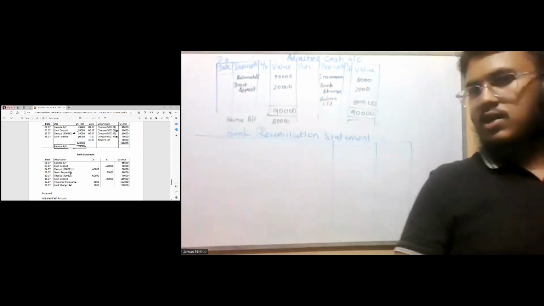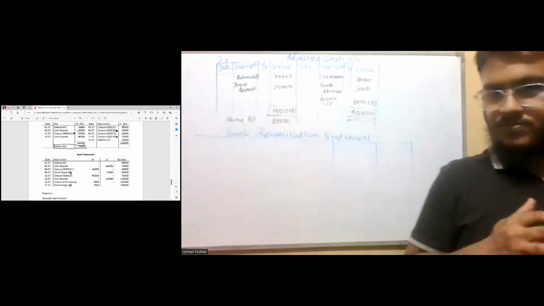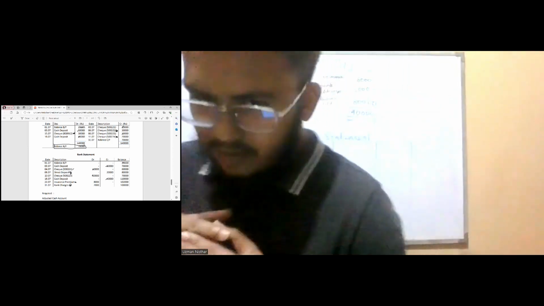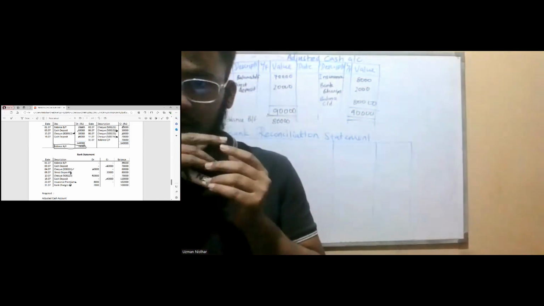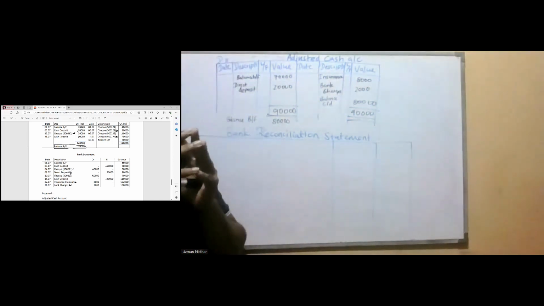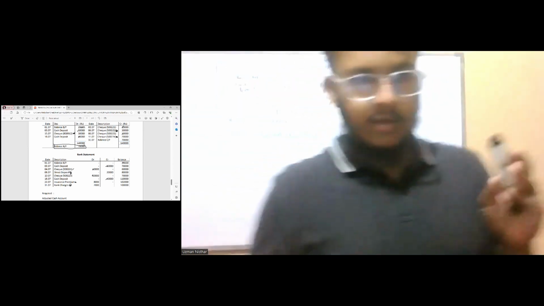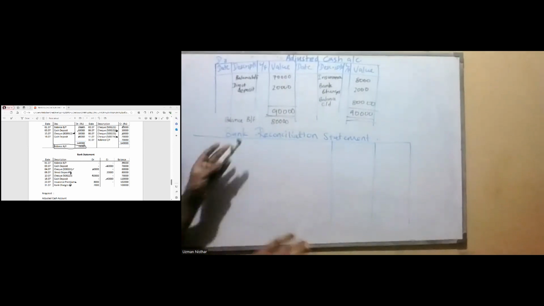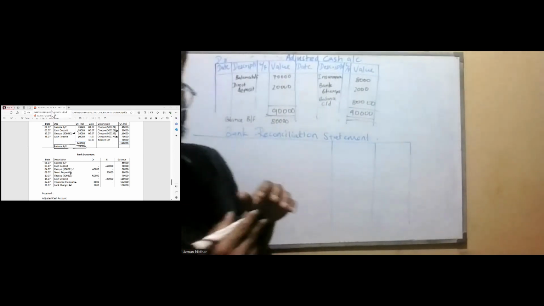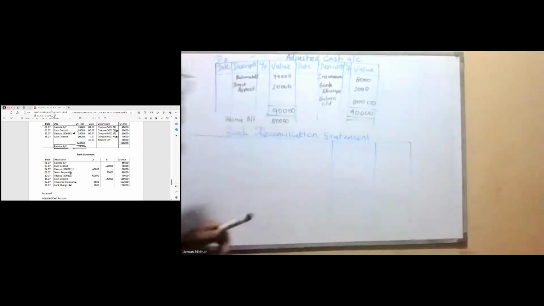Did you understand until this cash book part? Now let's move to the bank reconciliation statement part. So what should be included?